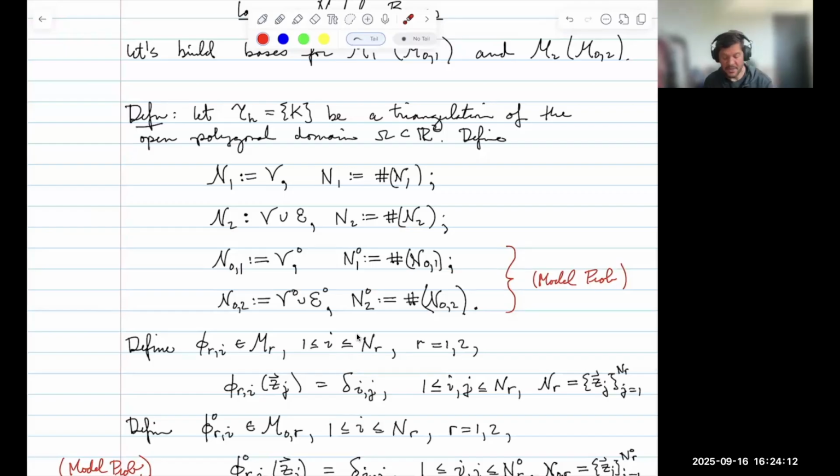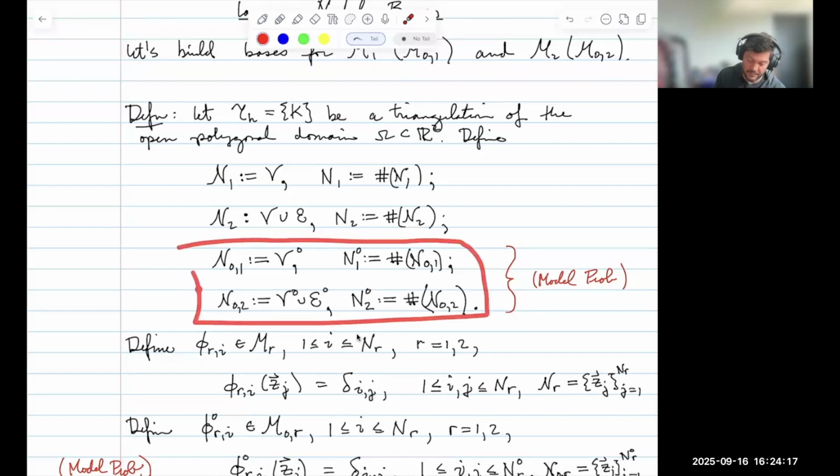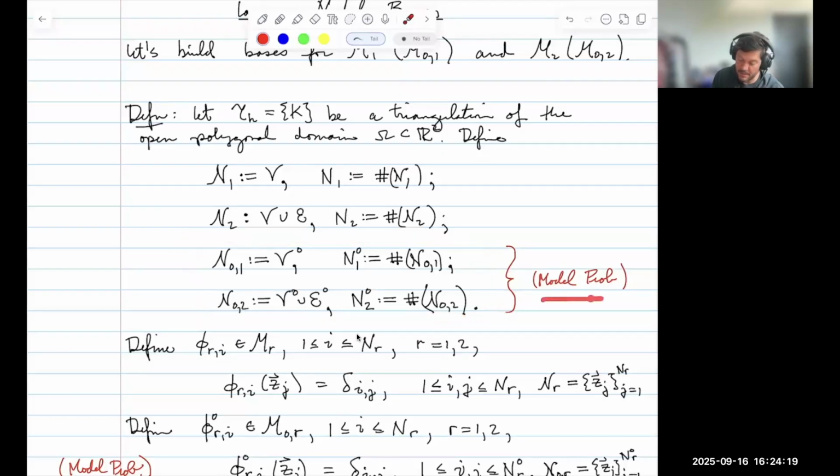Now, those two spaces are useful. These ones down here are slightly more useful from our point of view because of the model problem. The model problem has zero or homogeneous Dirichlet boundary conditions. What do I mean? I mean that we're eliminating as degrees of freedom the functions on the boundary.